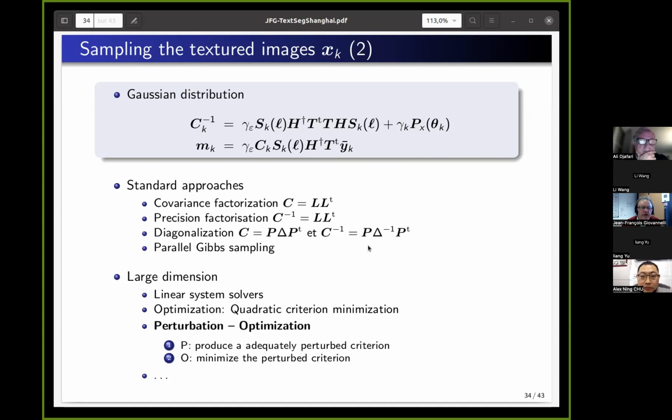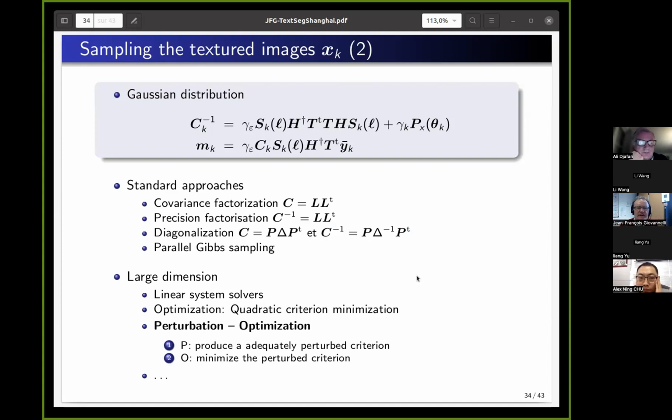The idea is to build a criterion, a quadratic criterion, so that the minimization of the criterion produces an optimum that is the minimizer of the criterion, that is a solution of a linear system. That is a solution of a Cholesky factorization. That's why it is possible to build a criterion including a perturbation of various terms.